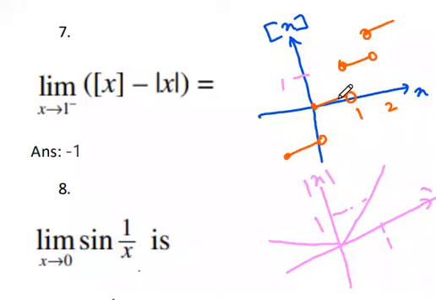What is the limit of this function as x approaches 1 from the left hand side? Which is 0, right? And let's find the limit of this function as x approaches 1 from the left hand side. So this is the modulus of x, right?